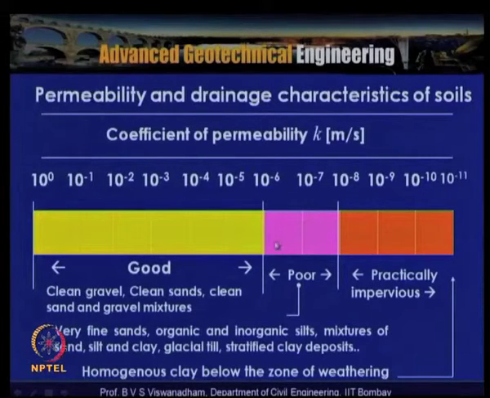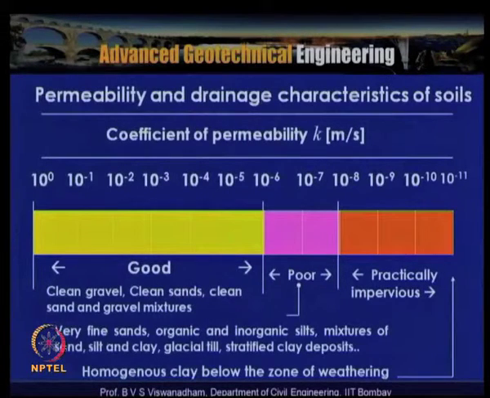The pink color range has poor drainage characteristics, and the orange, which is beyond 10 to the power of -8 meter per second, has practically impervious drainage characteristics. These permeabilities are possible for soils like clean gravel, clean sands, or clean sand with gravel mixtures.